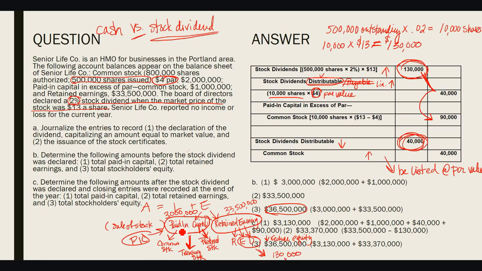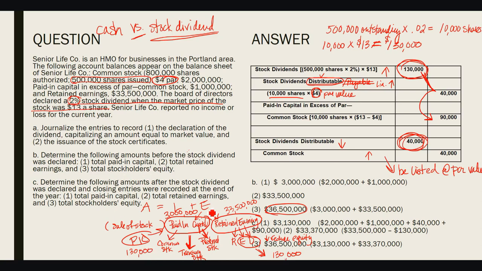And then the paid-in capital ended up increasing because of the common stock, 130,000. So we see that there's this big transfer from this area over here to the paid-in capital. So retained earnings was reduced by 130, paid-in capital increased by 130.